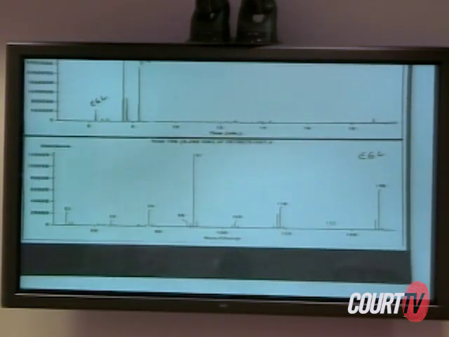And this is the kind of graph that you referred to as a fingerprint, correct? Yes, sir. And there are reference books that have the peaks you should get for ethylene glycol, correct? Yes, sir. And when you go to the reference book, they have a single set of peaks, right? I mean, they have a mass spec for ethylene glycol, correct?